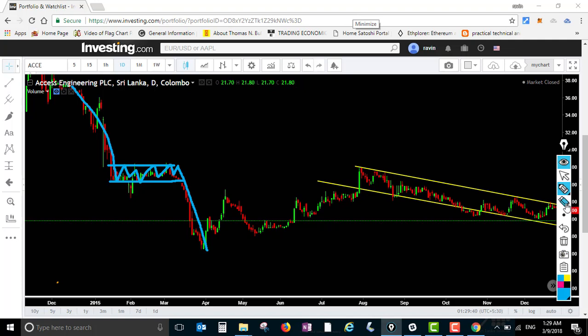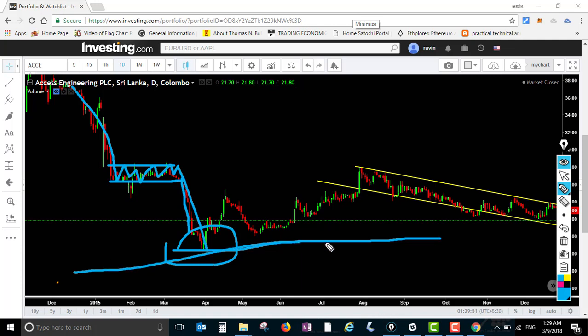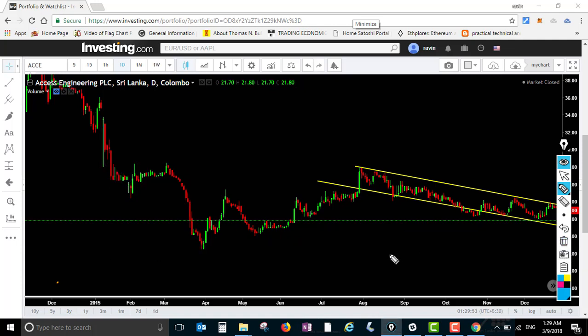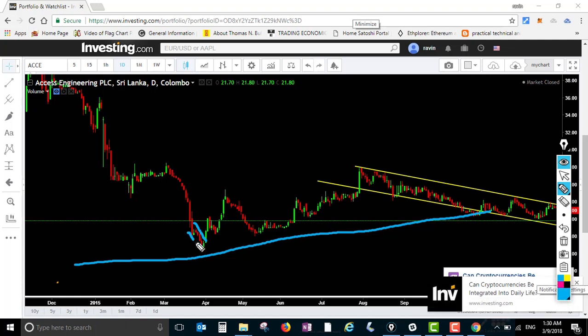This is a continuation pattern. So we know that it is near a reversal point. When price comes down aggressively, we have to wait till it comes to the reversal place. So once it reaches the reversal place, this is a reversal pattern.